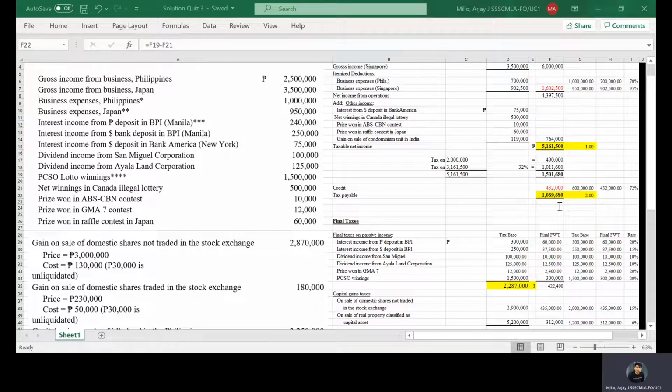If JC is a resident citizen, what are his total income subject to final withholding tax? So sabi dito, what are his total income? So we're talking about the income itself, not the tax withheld. I think dito yung medyo naging confusing.